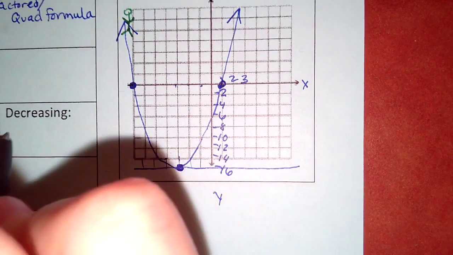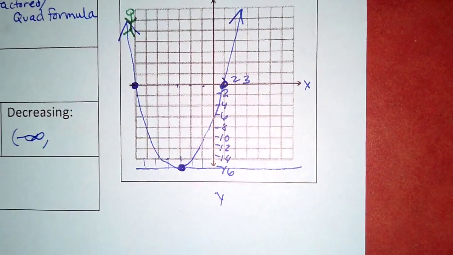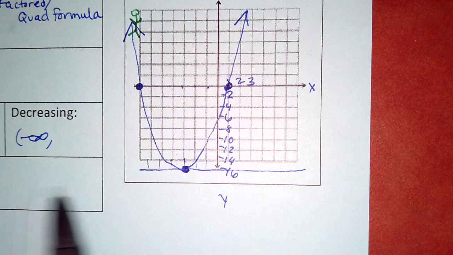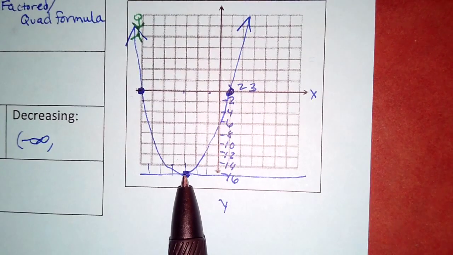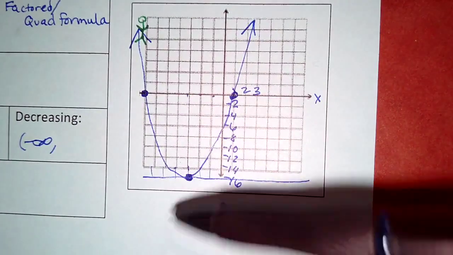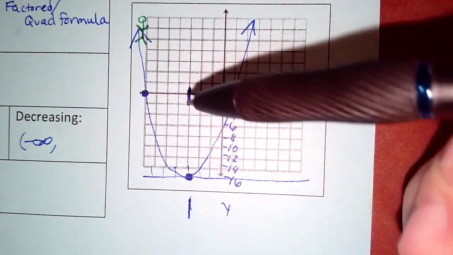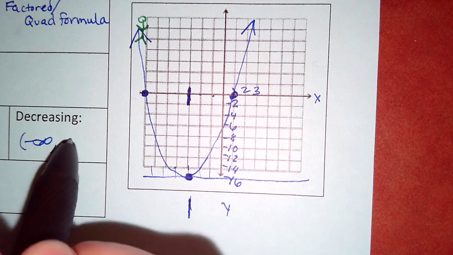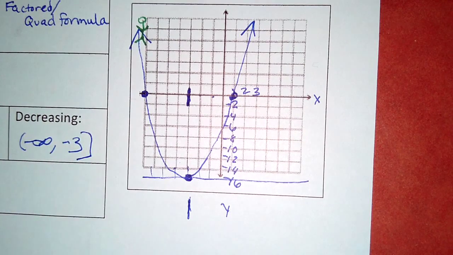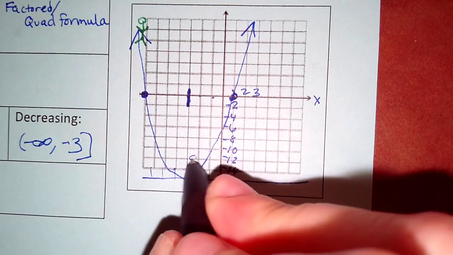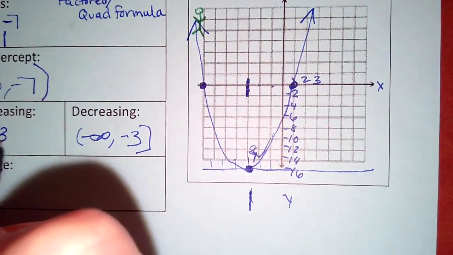So from -infinity, when does he stop decreasing? -16, right here, but remember we're going left to right. So he stops decreasing here, but what is that? X equals -3. Then he starts increasing again, going uphill, starting at -3.